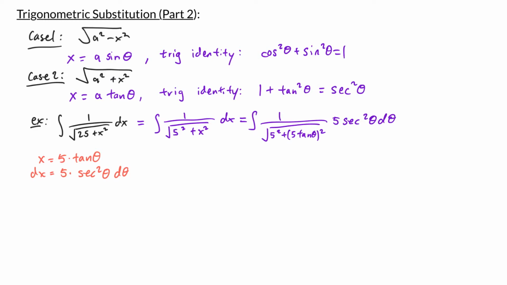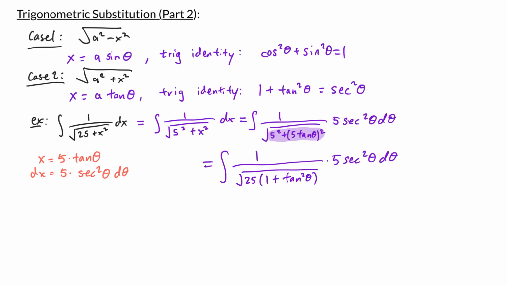Now let's simplify what's inside the square root here. If I square the 5 tan theta and factor the 25 out, I end up with the integral of 1 over square root of 25 times 1 plus tangent of theta squared times 5 secant squared theta d theta.